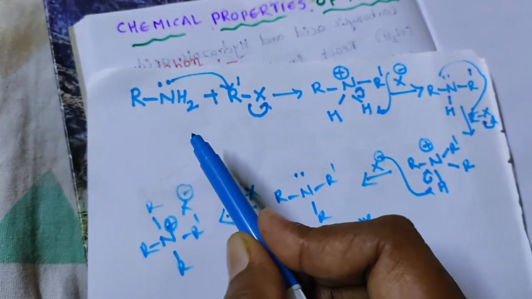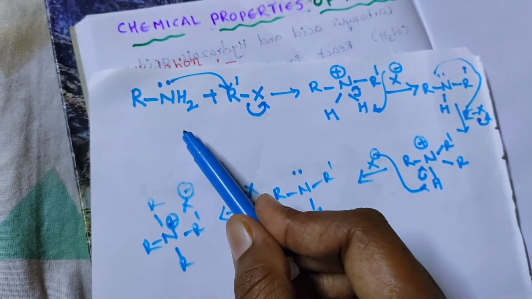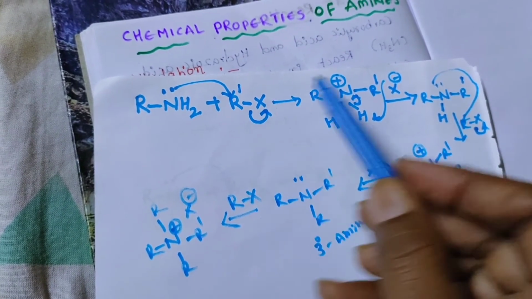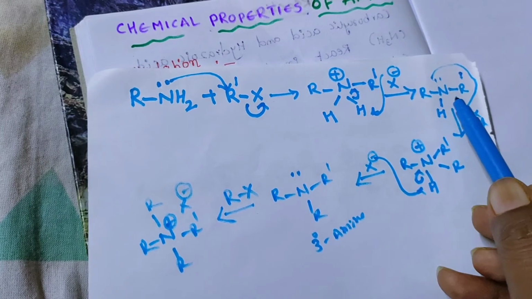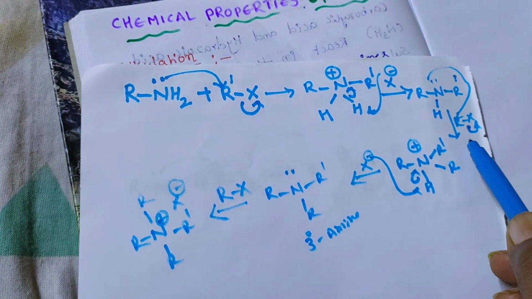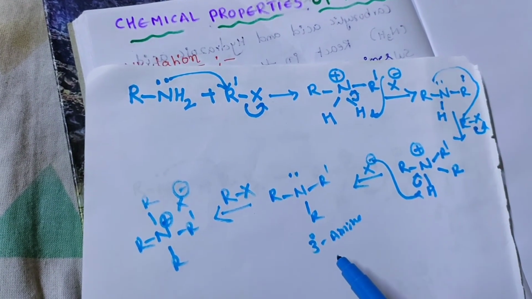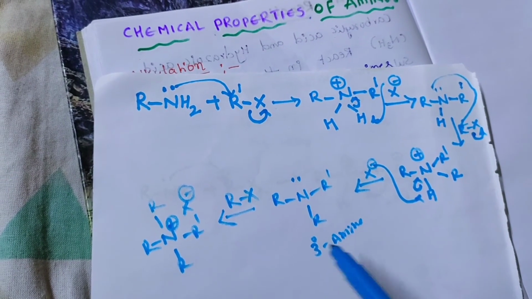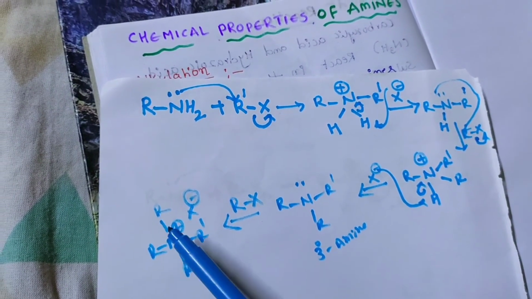So here the primary amine is treated with the alkyl halide and we get secondary, and the secondary amine if treated with the alkyl halide gives the tertiary amine. This process can repeat until the nitrogen atom has four R groups.